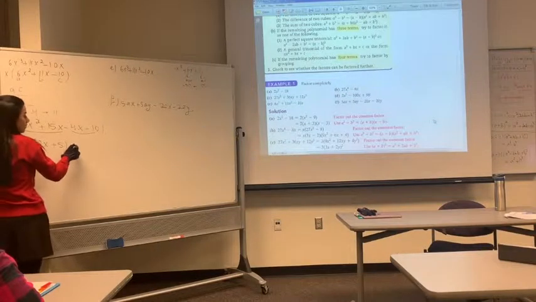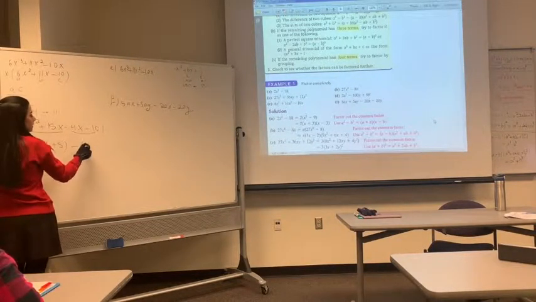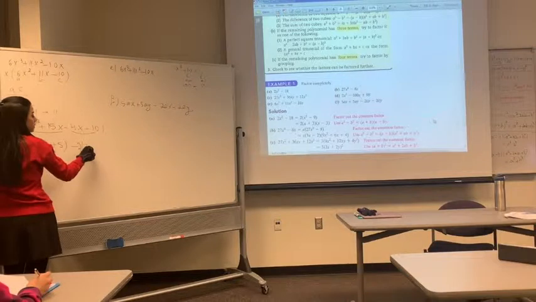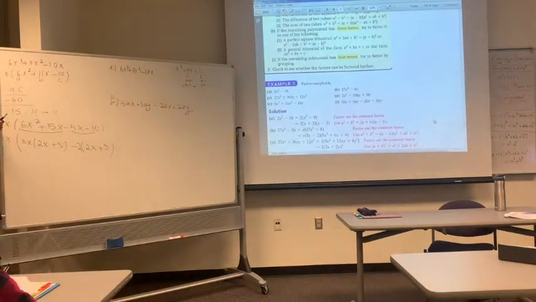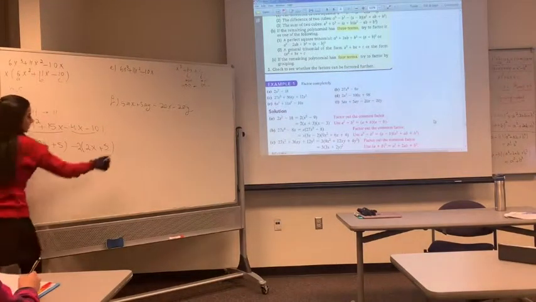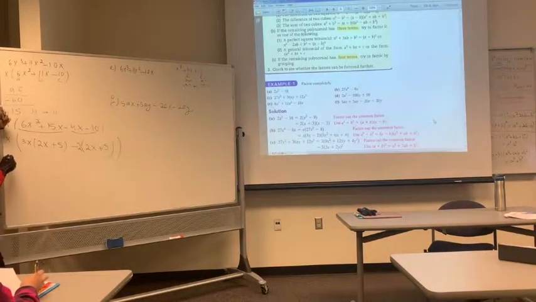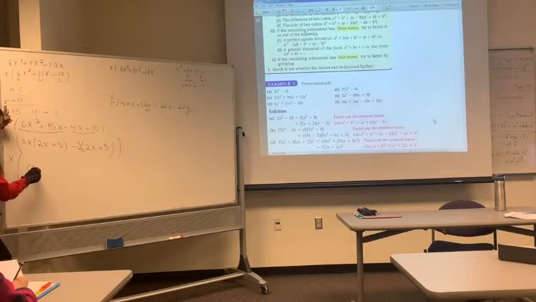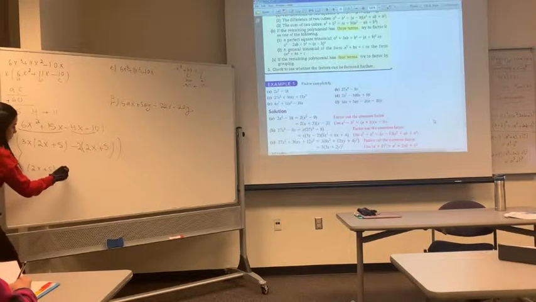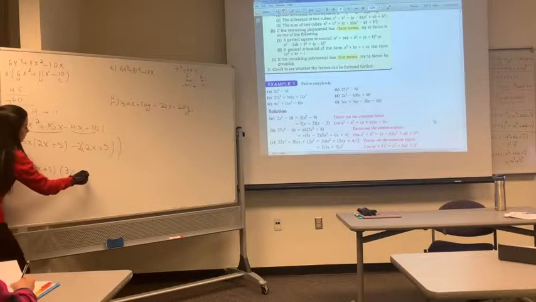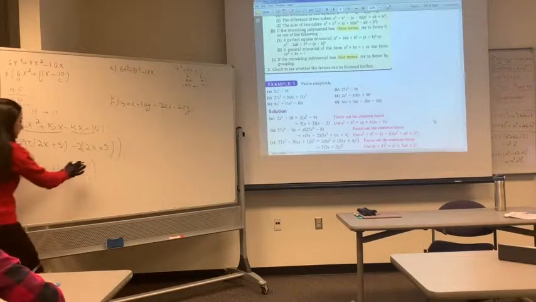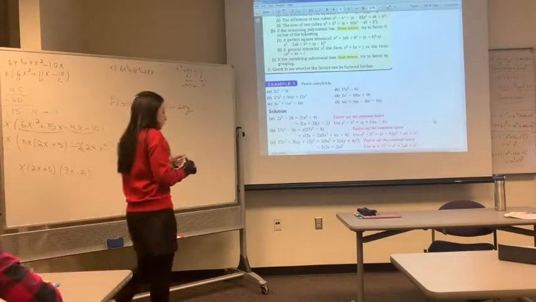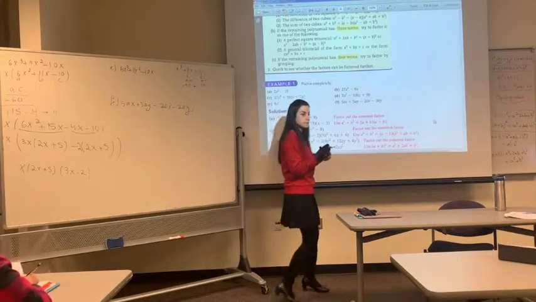And then bring out the negative sign from here, 2 is common, 2x remains, 5. Correct? So x multiplied by 2x plus 5, 3x minus 2. So we can easily remove this big parenthesis because all of them are multiplication. Correct?